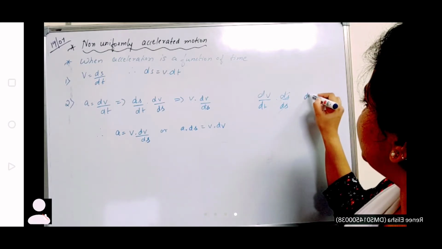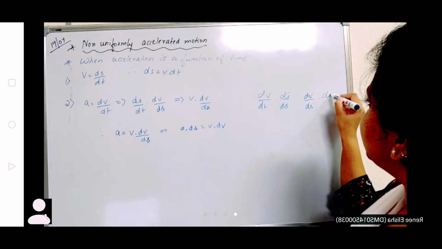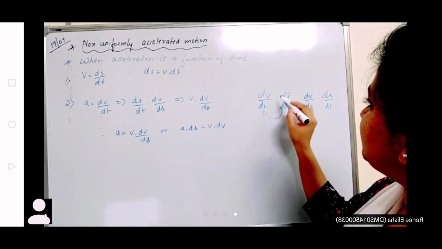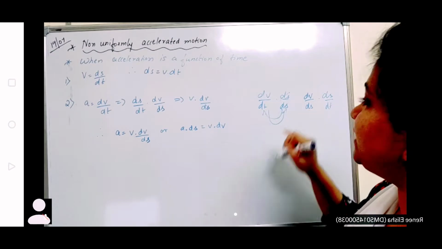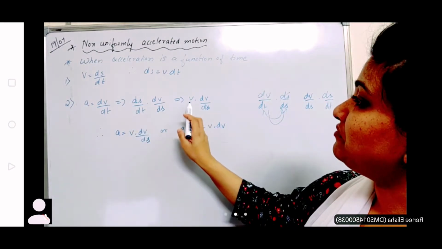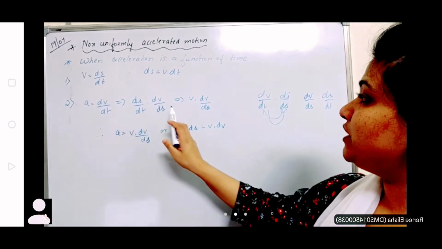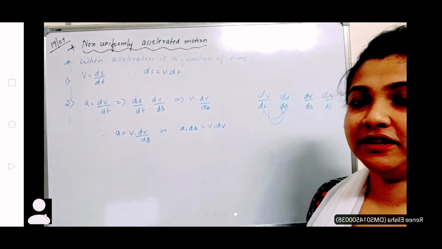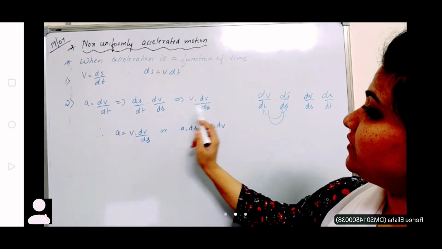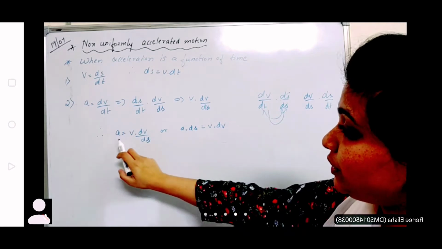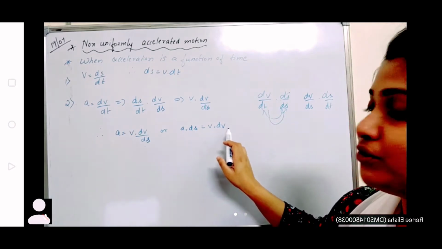So what I can write is dv by ds into ds by dt. We know that ds by dt is nothing but v. So v into dv by ds. Therefore, a is equal to v into dv by ds, or a into ds is equal to v into dv.